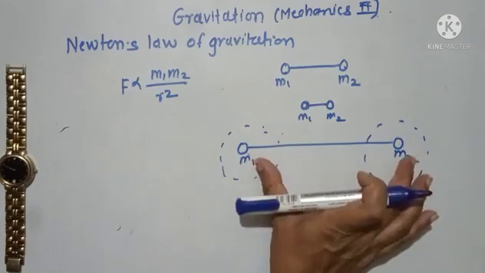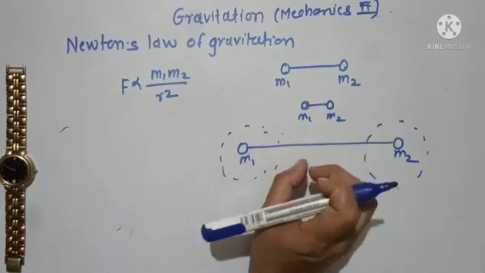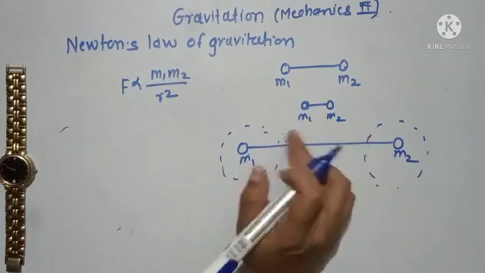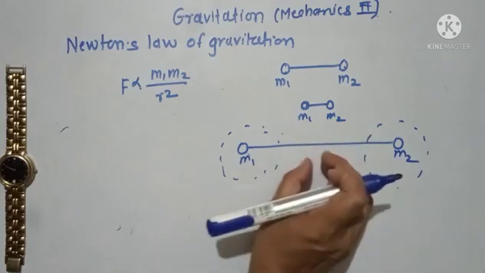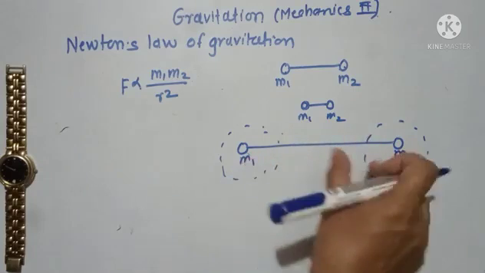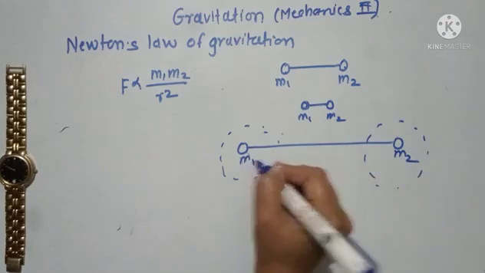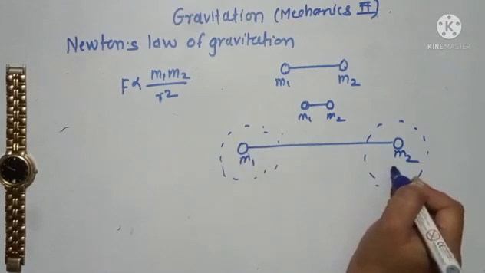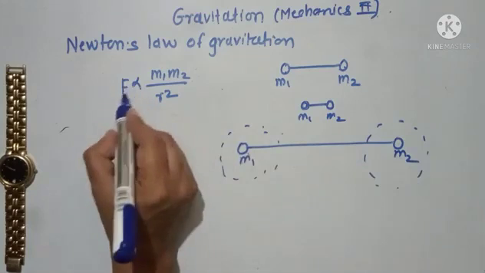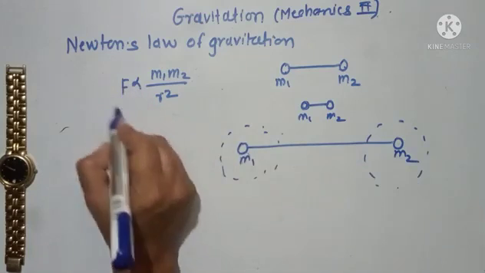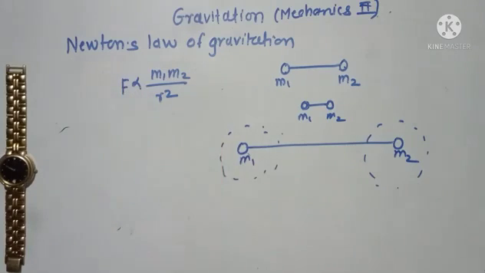Unless these fields interact with each other, they will not apply force on each other. As the distance goes on increasing, the force applied by one body on the other will go on reducing. So this is what Newton's law says, and we have studied this law from the 12th standard.